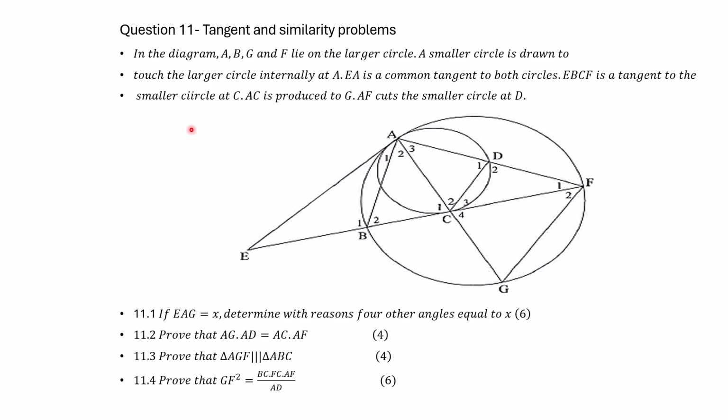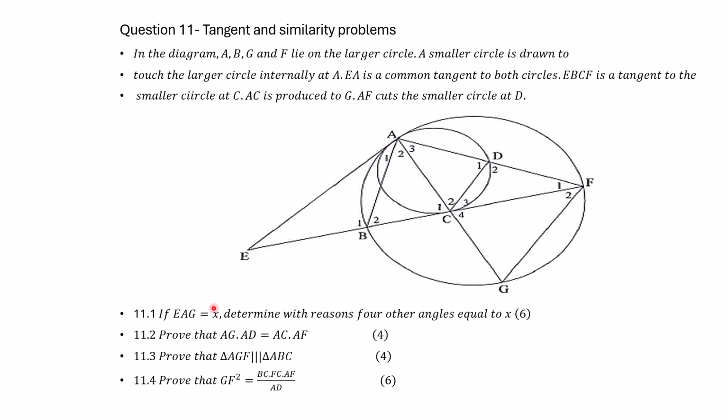EBCF is a tangent to the smaller circle at C. And AC is produced to G. AF cuts the smaller circle at T.